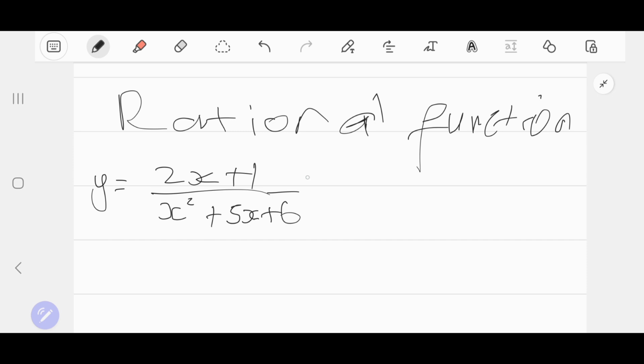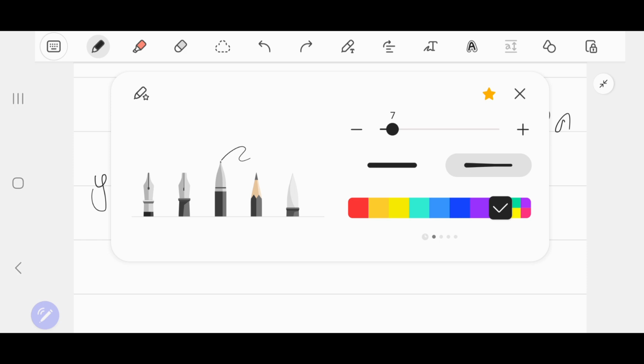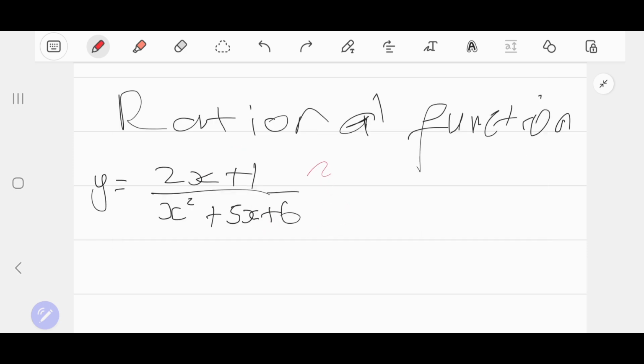As long as these two functions, people, are a polynomial function over a polynomial function, we will label that function as a rational function.